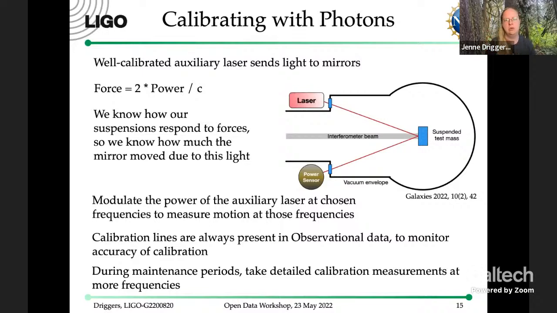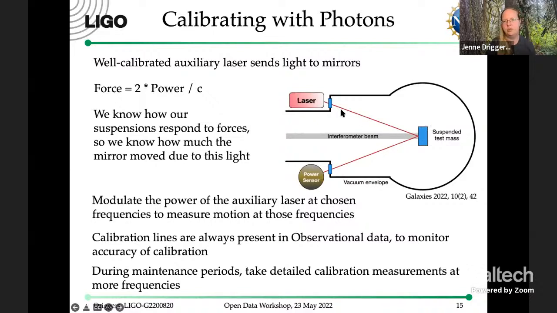And so we know how that pendulum responds to the forces applied, such as this extra laser beam. And so since we know what our pendulum will do as a function of frequency when force is applied, then we can know how much the test mass, which is what we call our mirrors, a test mass existing in space-time, how much did it move due to this auxiliary laser?